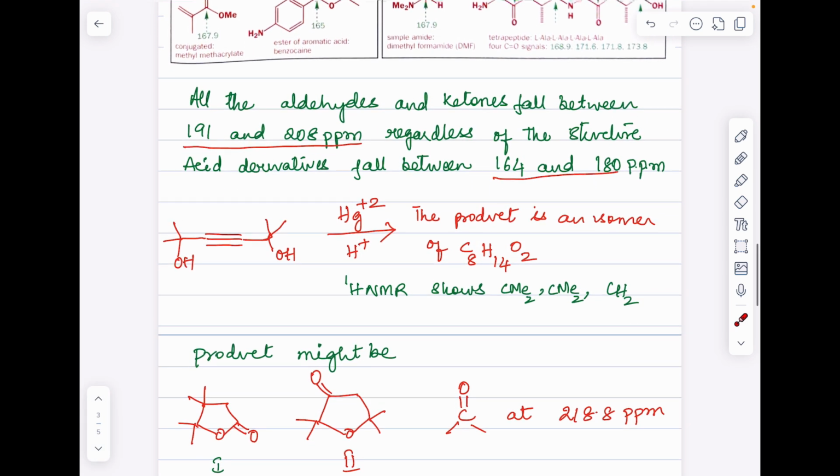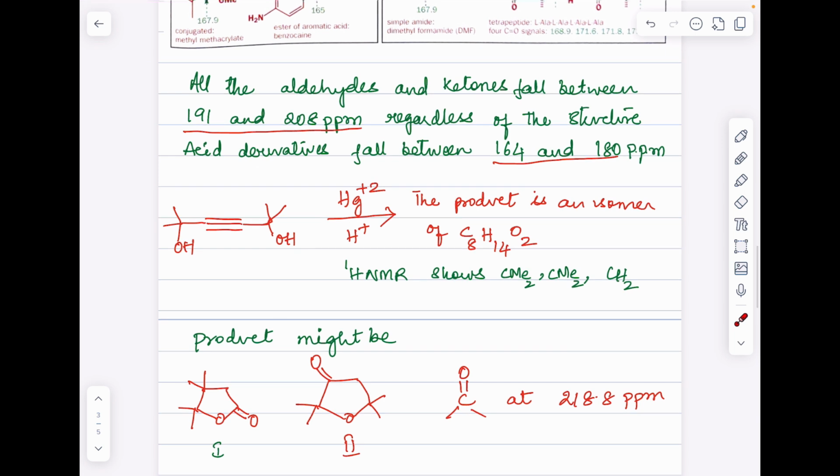So all the aldehydes and ketones, the C double bond O group will appear between 191 and 208, regardless of the structure, and the acid derivatives will fall between 164 and 184 parts per million.